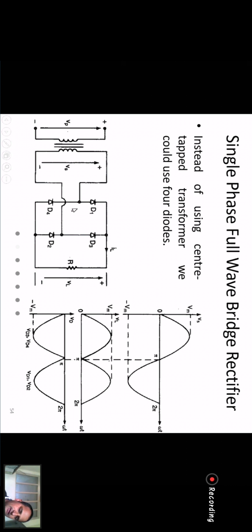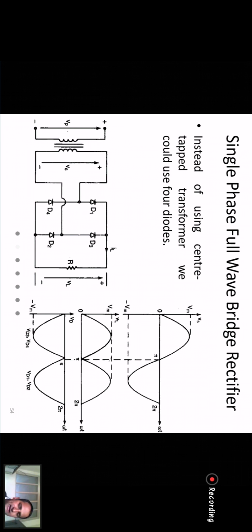Let's take this point as A and this point as B. If A is positive with respect to B, then D1 and D2 will conduct, but D3 and D4 will be reverse biased. So the output voltage will be VAB. If you see here, it conducts from 0 to pi when D1 and D2 are conducting.